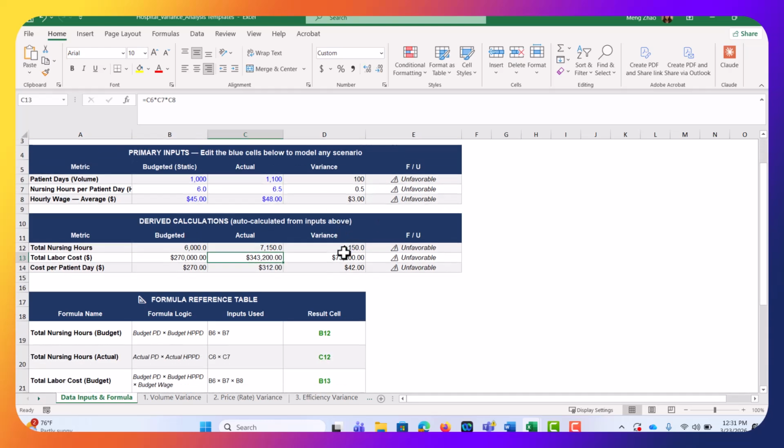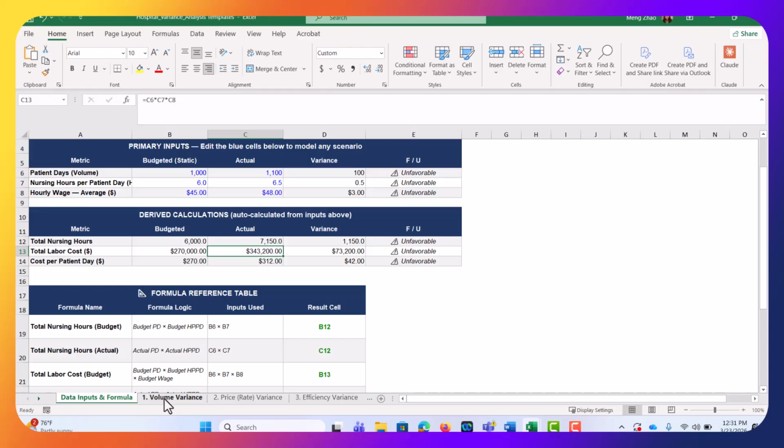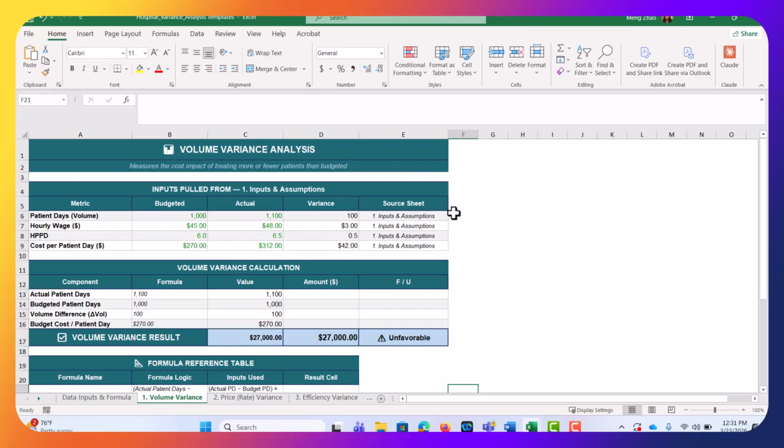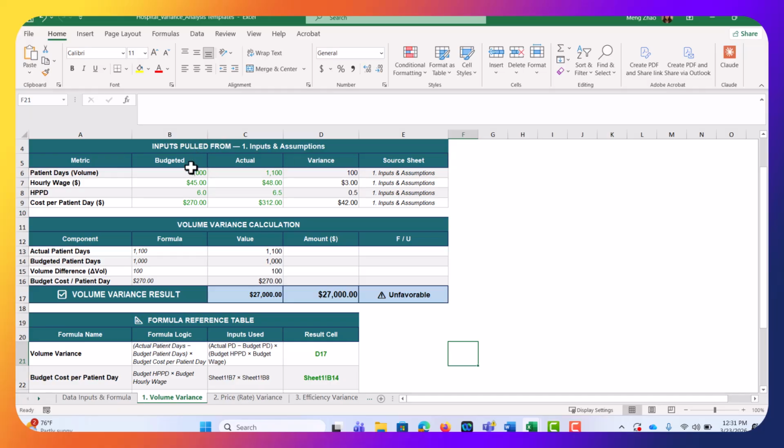So let's break down the volume variance. This is also automatic when you enter the blue numbers in the first data inputs and formula table. Then all these numbers are automatically calculated.